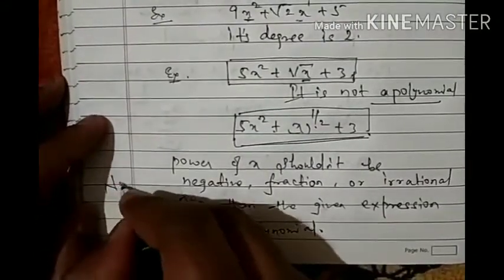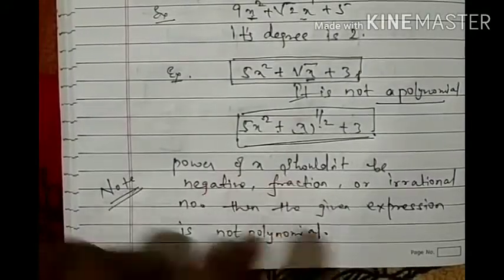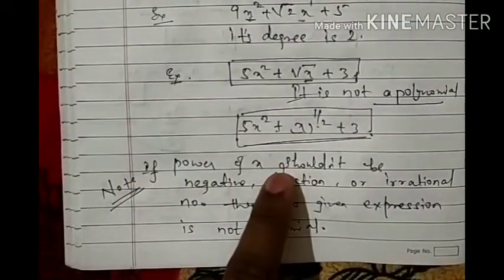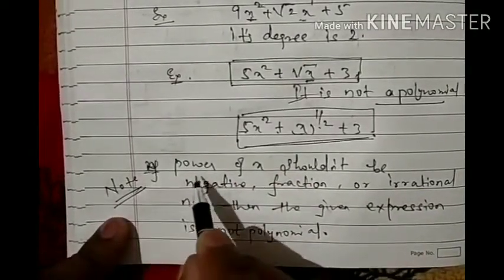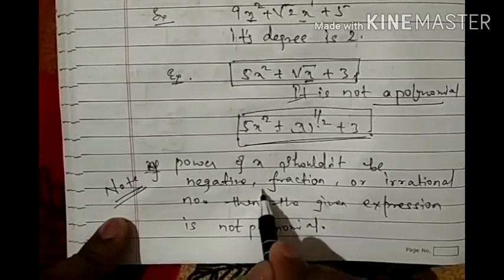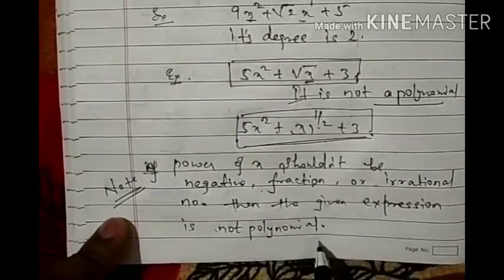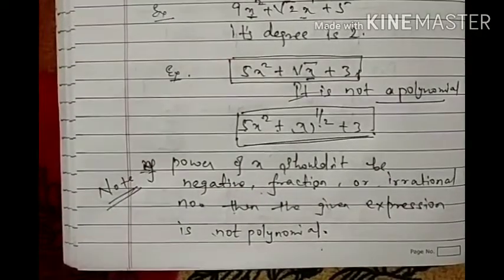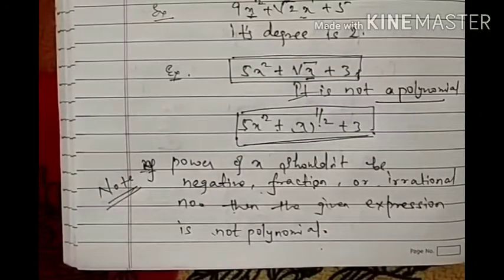This is a very important note. Power of x should not be negative, fraction or irrational number, otherwise the given expression is not a polynomial. Is it clear, everyone? So this is how we can classify degree of polynomial.